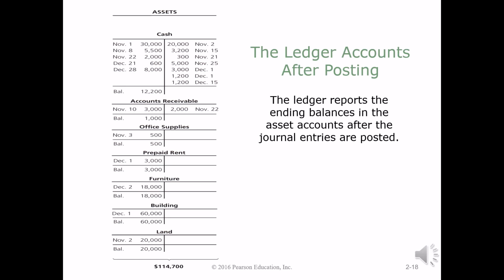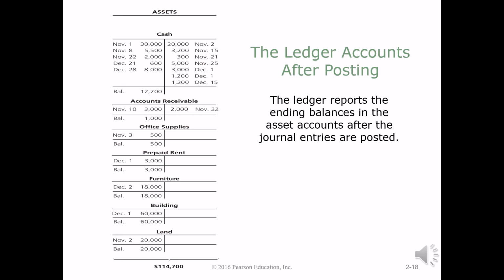On November 2, we have spent $20,000. You can see that coming out of cash. If we quickly look down the list, at the bottom of the list, we see that we have an entry also on November 2 of a debit to land.